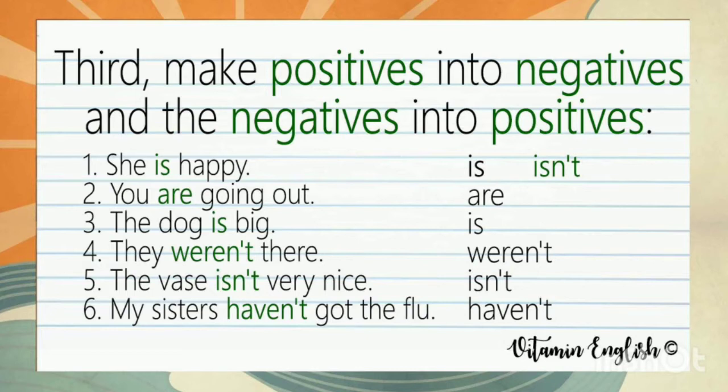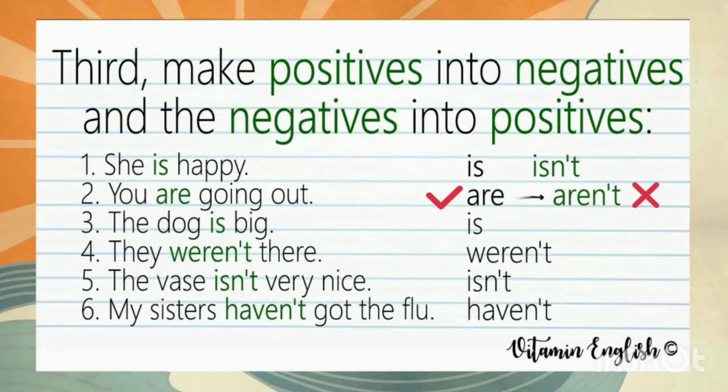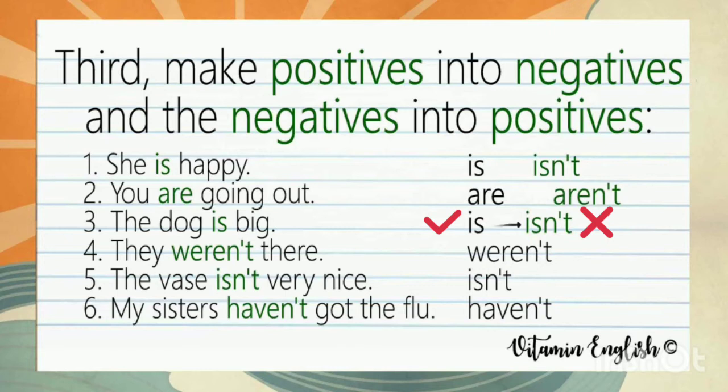Number 2's verb is are, which is also positive. So it becomes aren't. Remember that we use are in the statement and aren't in the question tag. Number 3's verb is again. So we do what we did at number 1 and we make it isn't. Number 4 is weren't, which has a not at the end, which means it's negative.